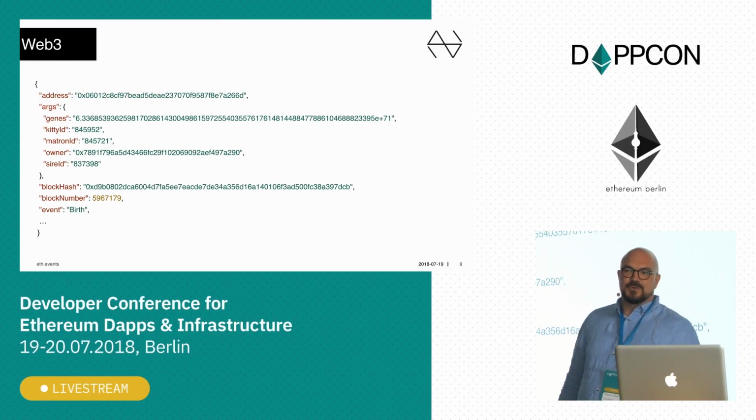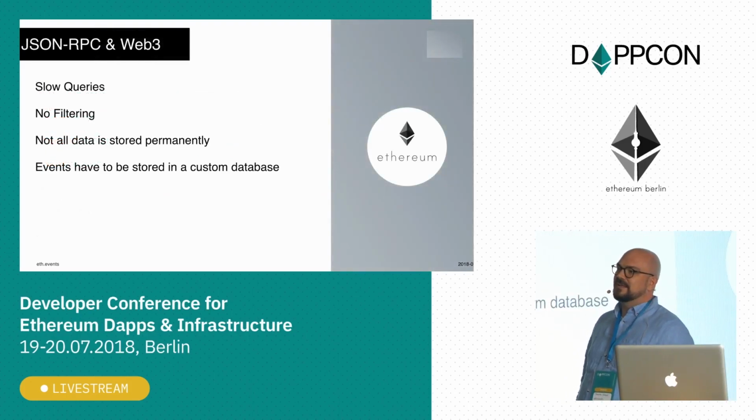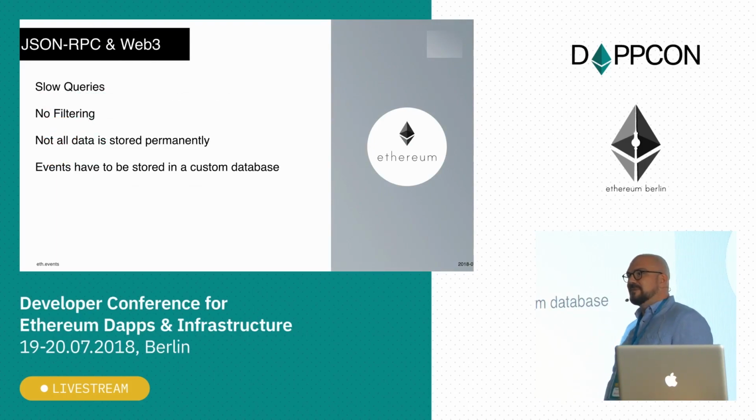But this comes at a price, because both ways of querying event data from the blockchain client are quite slow. This is mostly because not all event data is stored permanently on your local machine, because it's just too much. We have roughly 6 million blocks by now, and over 170 million event logs that were generated.